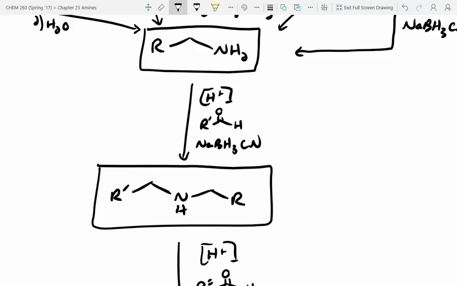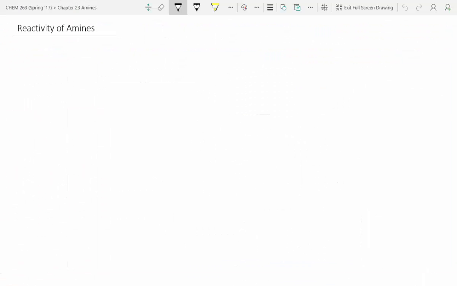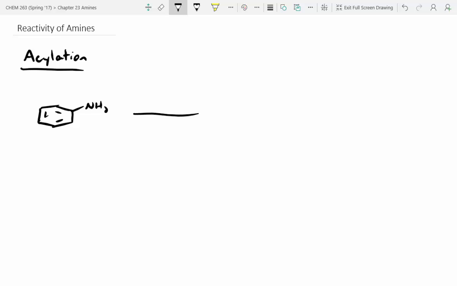All right, so let's continue on and talk about some older chemistry that's still relevant to amines. We talked about this previously, but acylation is really important with amines. And I'll show you guys why, but let's say we want to accomplish this transformation. What reagent might we use to make this longer?